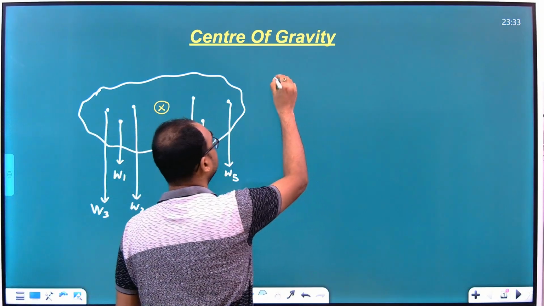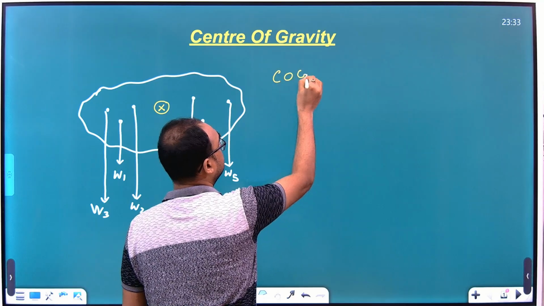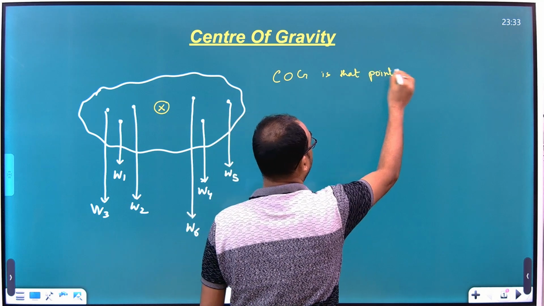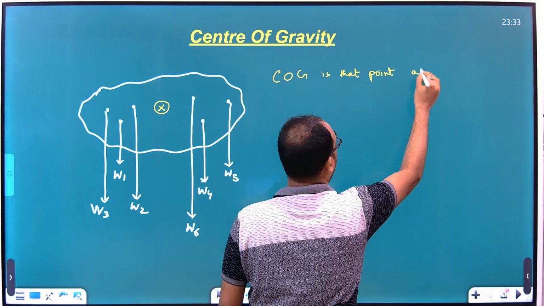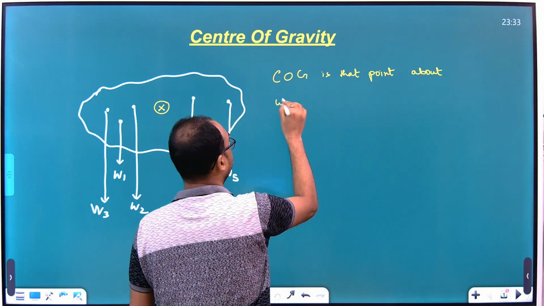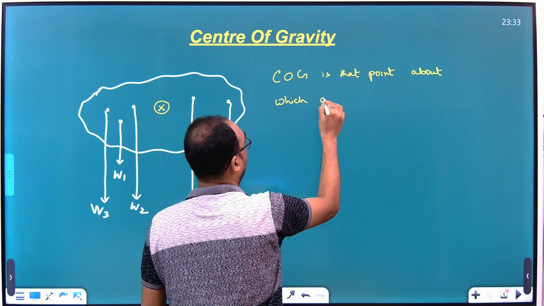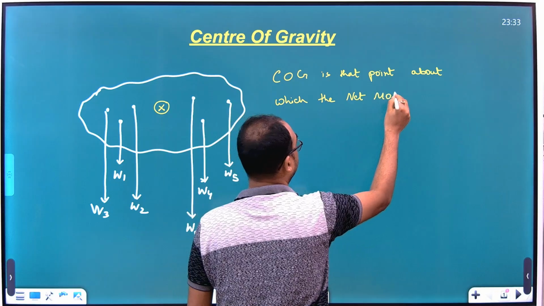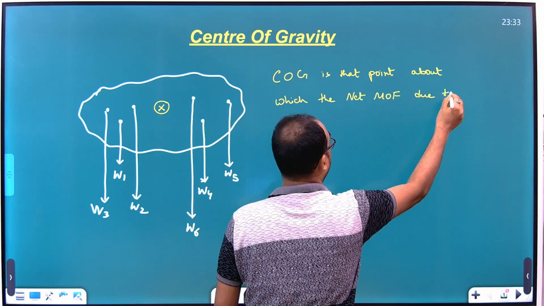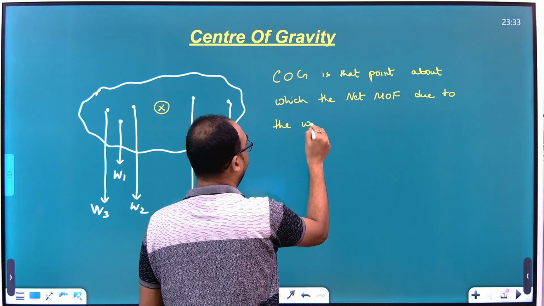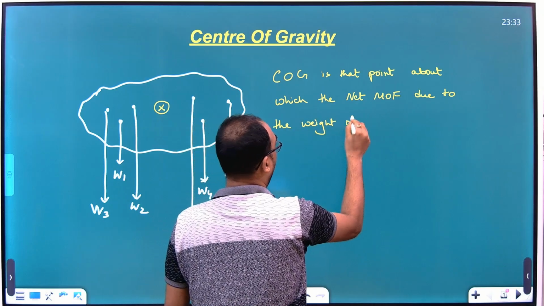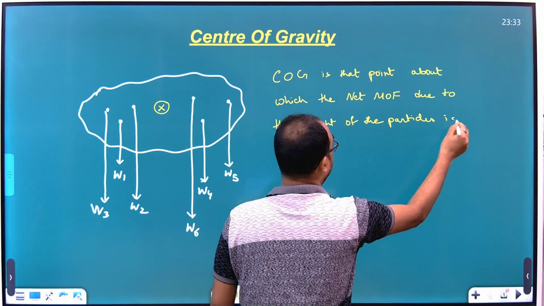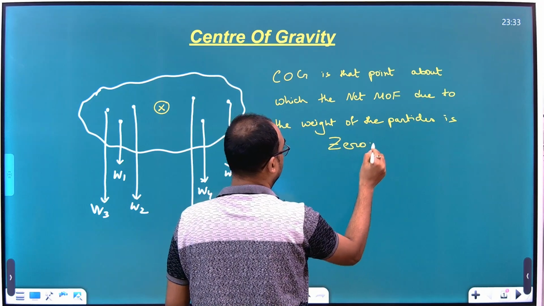So let me write down. Center of gravity, the short form will be COG, is that point about which the net force, the net MOF due to the weight of the particles is 0.